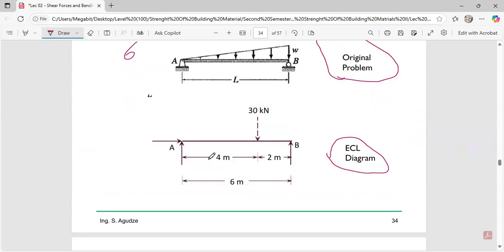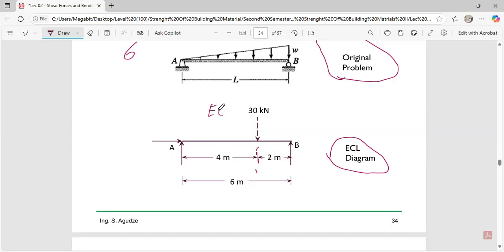Because we are calculating from support A for the position, we just measured 4 meters from support A and placed the ECL over here. So over here you can see this is the ECL.